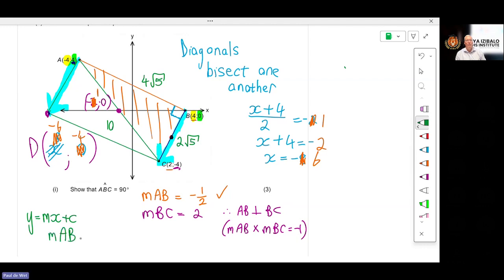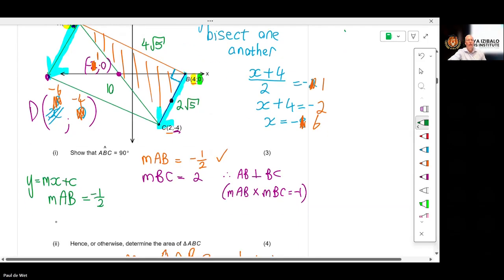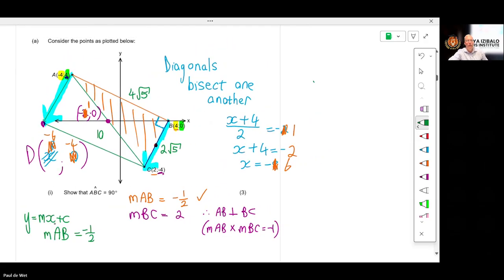Well done, the gradient AB is -1/2. Okay, so you use y equals mx plus c.